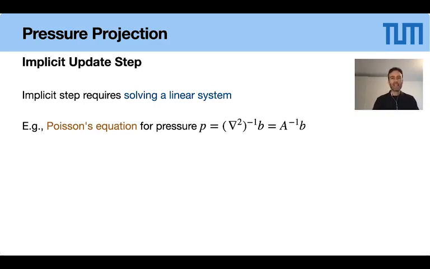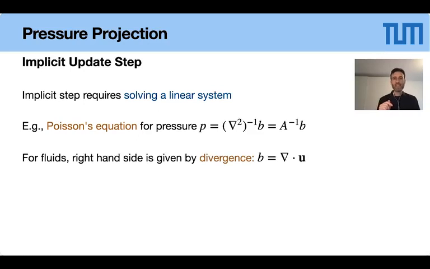And in this form, A inverse times B, it looks quite simple. Of course, in practice, we need to set up this matrix and then invert it with some suitable solver. But for the derivatives, it's actually surprisingly simple, right? And the right-hand side term, this B, is in practice for fluids actually given by the divergence.